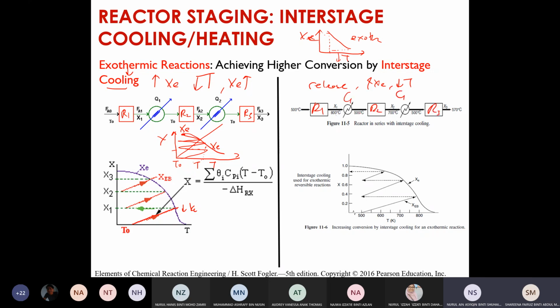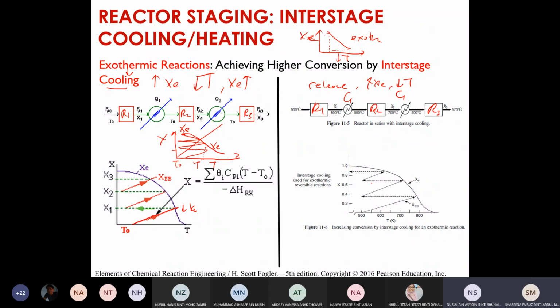From here, after the reaction, over a period of time it will release heat, which increases the temperature. Again, in order to increase the XE, we need to lower the temperature. So you have a cooling system here to reduce it back before it enters R3, and so on.